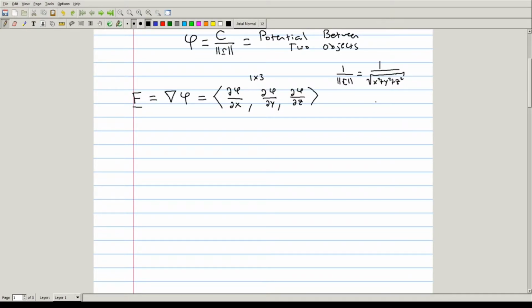And therefore, we'll just do one of these partial derivatives, d phi dx, which is the x partial derivative of c times x squared plus y squared plus z squared to the negative 1/2.